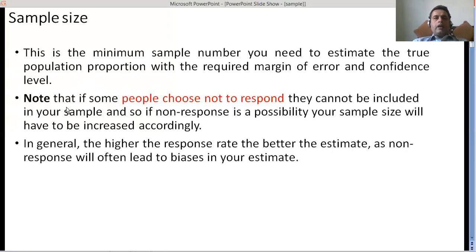Okay, so here are some important tips that you must keep in mind. You should note that if some people choose not to respond, they cannot be included in your sample. And so if non-response is a possibility, your sample size will have to be increased accordingly. I have seen this on many occasions.